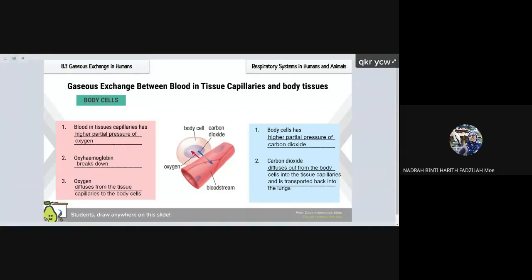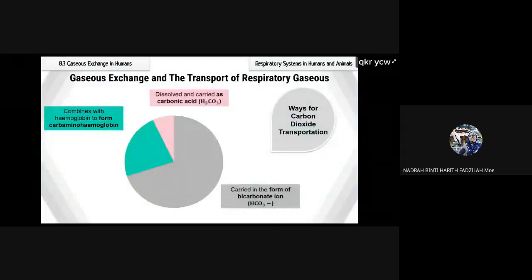Now, children, for oxygen, it is very simple to transport. Combine with hemoglobin to become oxyhemoglobin, settled. But the transport of carbon dioxide is slightly more complex because it also serves as an indicator in homeostasis.